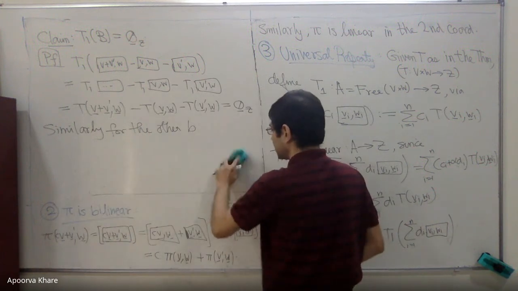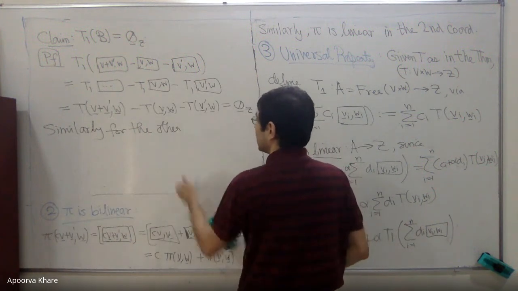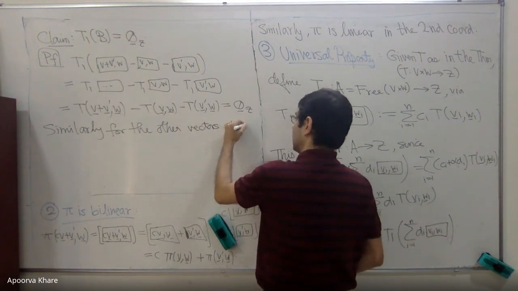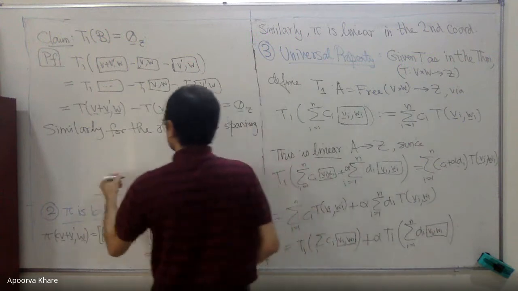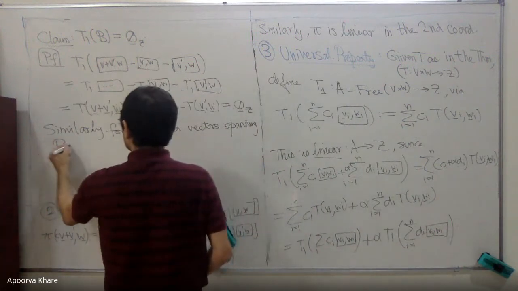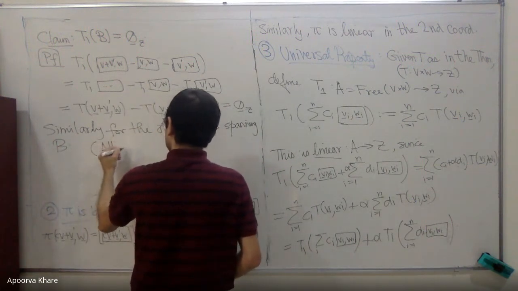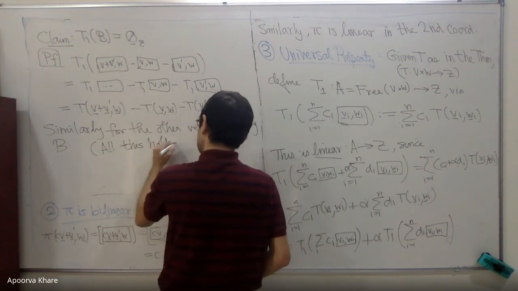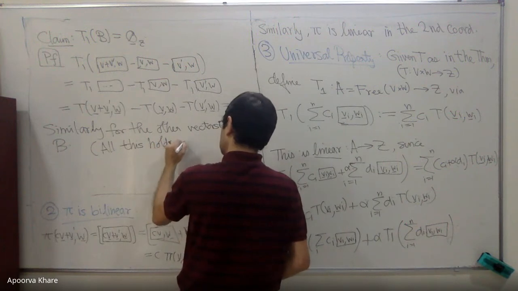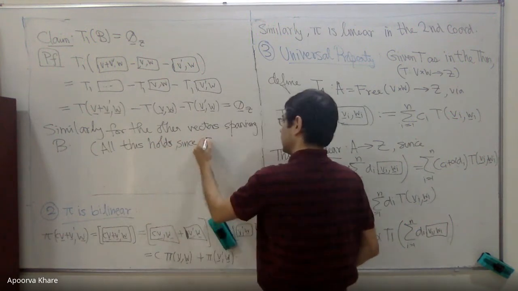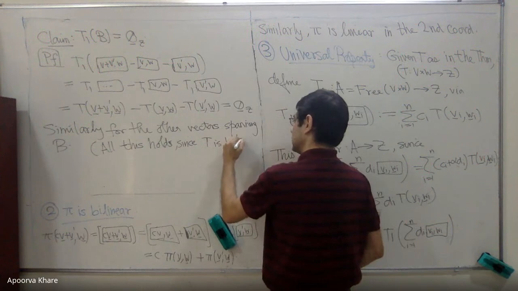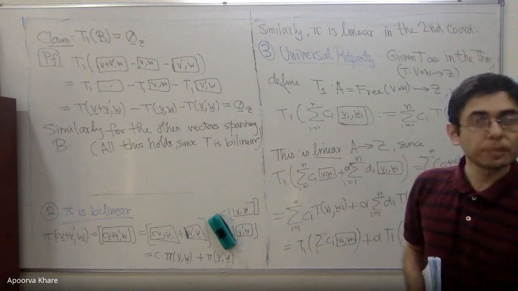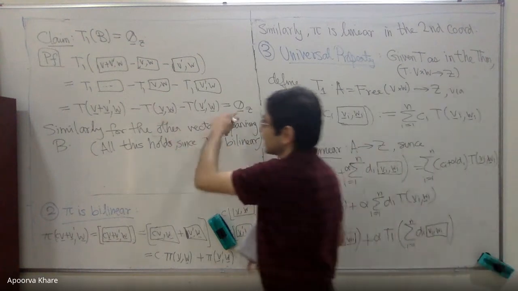V was the span of a certain set of vectors, so for all of the other vectors spanning V, all this holds since T is bilinear, so all these relations become 0.